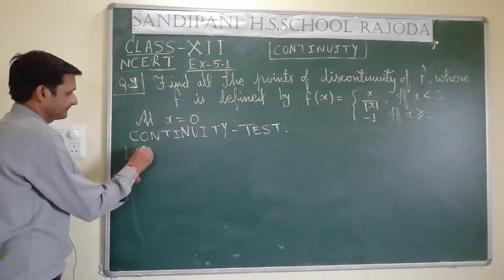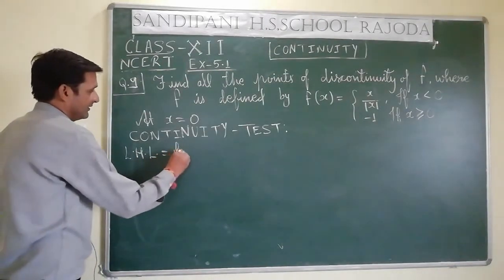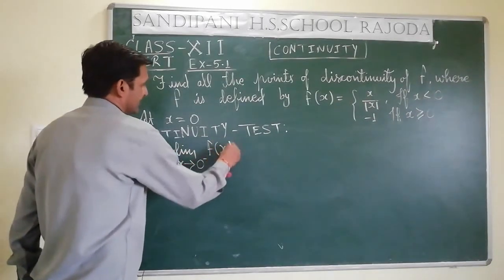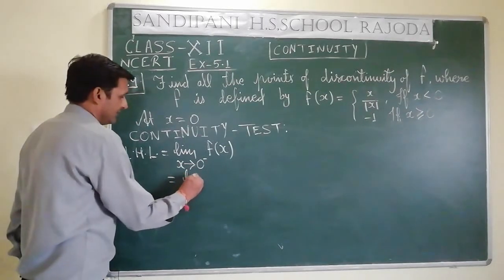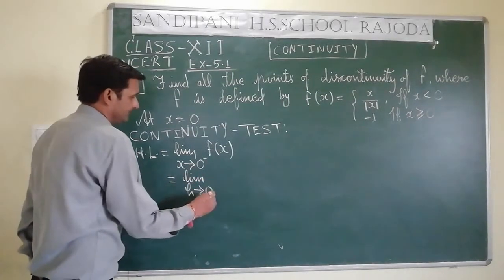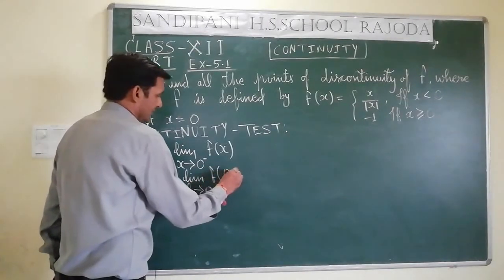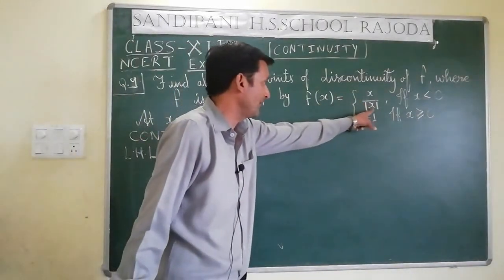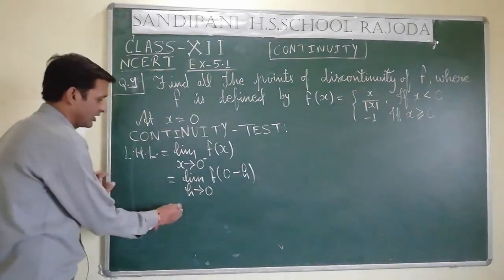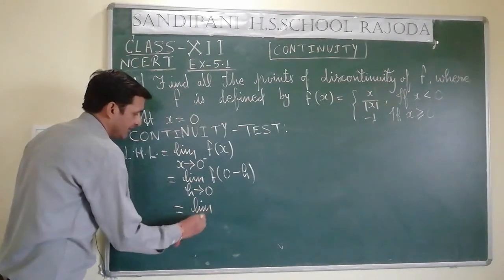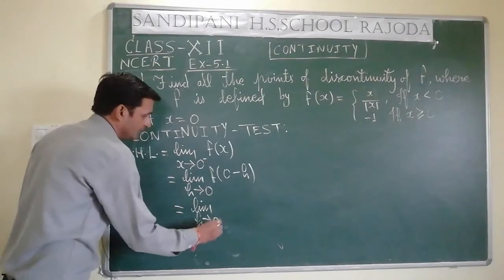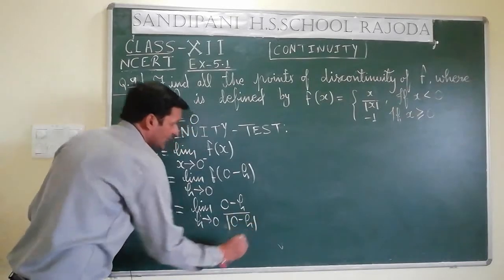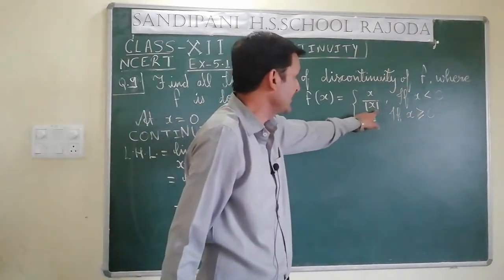LHL, that is equal to limit x tends to 0 minus f of x, that is equal to limit h tends to 0 f of 0 minus h. Means in place of x we have to assign 0 minus h, in numerator and denominator both. So, limit h tends to 0, 0 minus h upon mod of 0 minus h. In this question, modulus is represented in denominator.